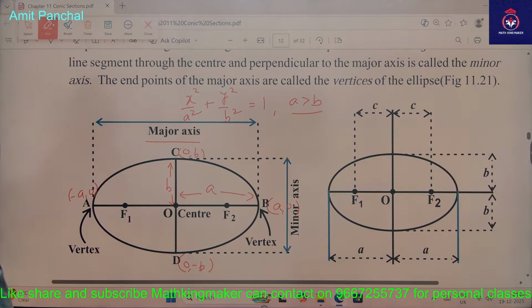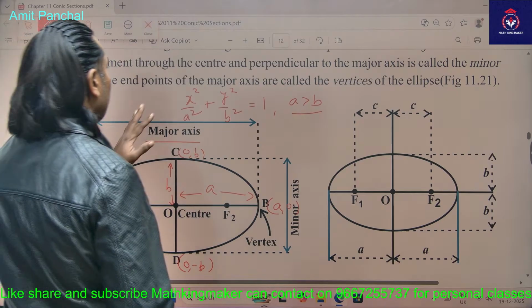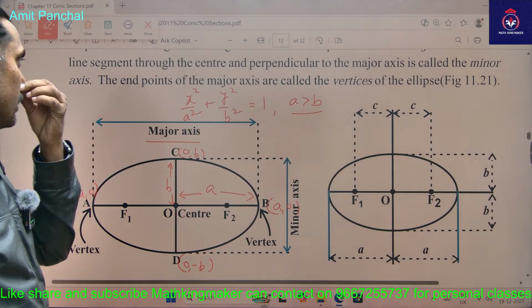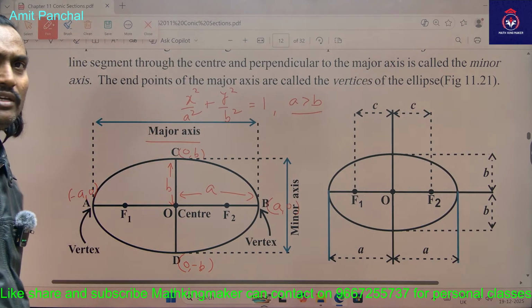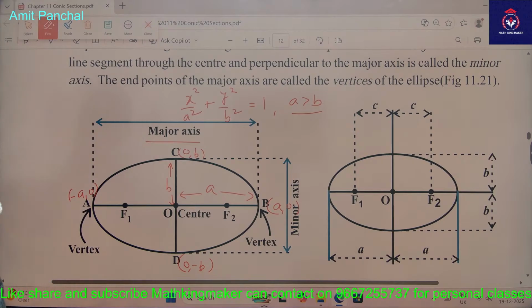The endpoints of the major axis are said to be the vertices of the ellipse. And if it's on the y-axis, we'll discuss that.